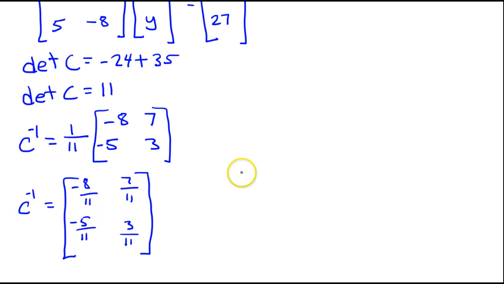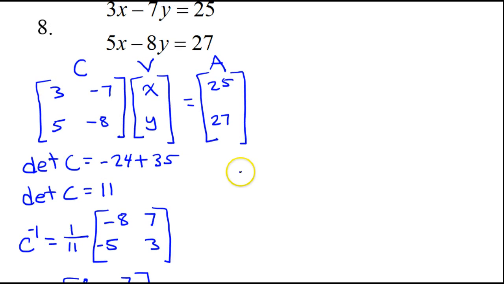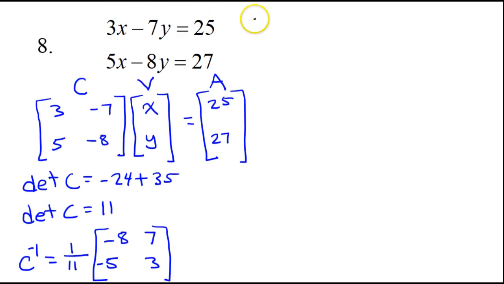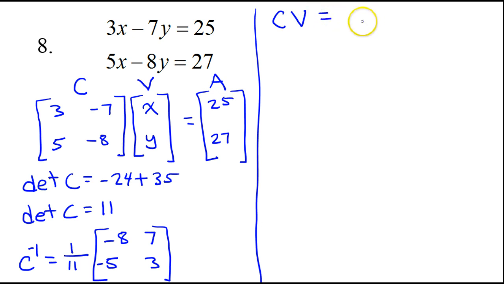Armed with this information, we can go ahead and solve the matrix equation. I'm going to put a line right here just to keep myself organized. So we started out with the following matrix equation. Matrix C times matrix V was equal to matrix A. All right, that's what we have right here.